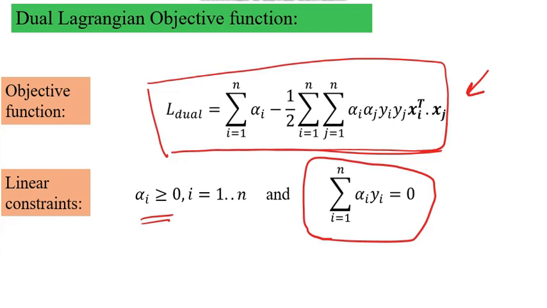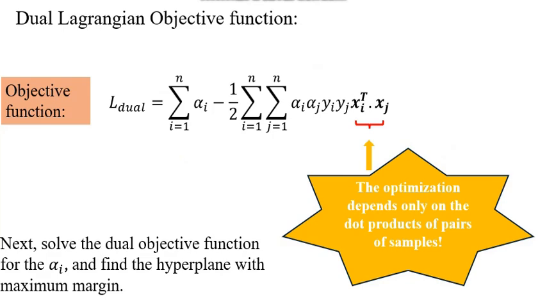So alpha i, alpha j, the two multipliers for the two samples, and y i, y j, which are the labels, and the dot product of x i and x j. So this is the kind of intuition for which we ventured on this discussion.